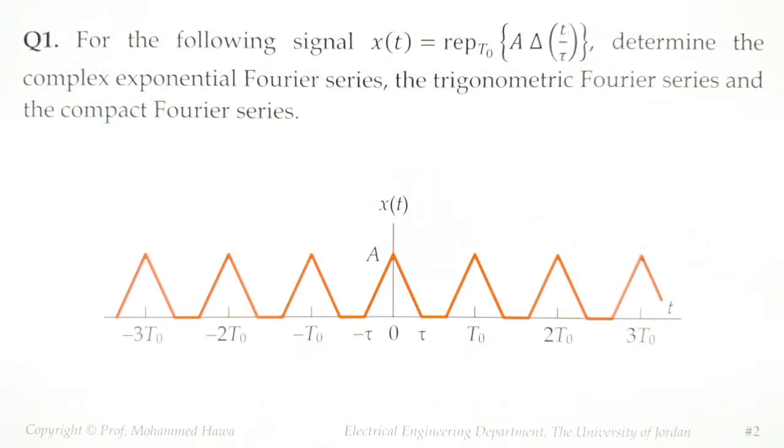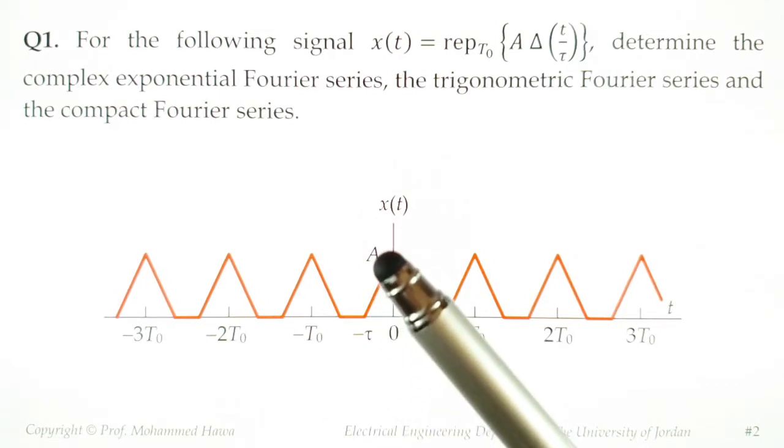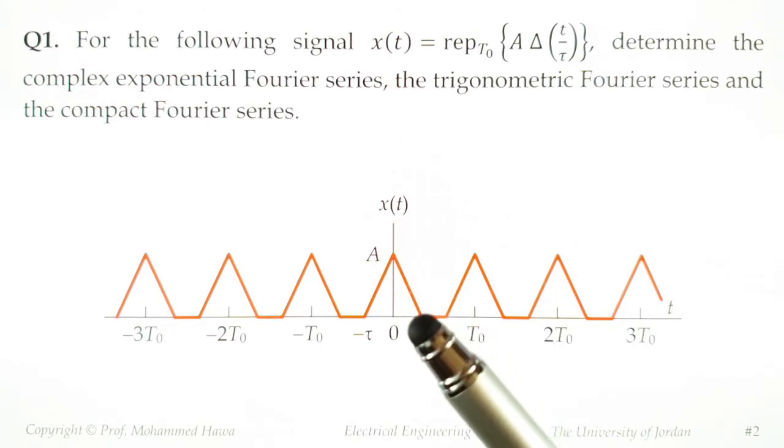The difference between the general repeated triangular signal I solved earlier in the first example is that this triangular signal is symmetric around the y-axis. The two changes I made to get the third example is to increase tau to make it t naught over 2 and also to shift this repeated triangular signal to the right.